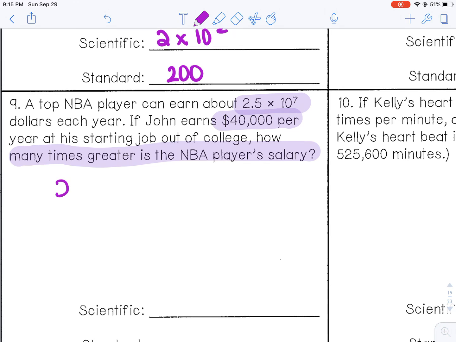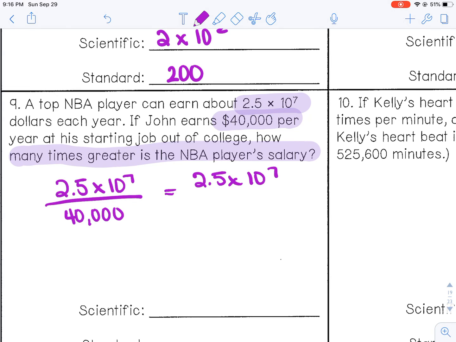We've got the NBA's salary, and we've got the college student salary. Let's go ahead and put John's salary in scientific notation. So I'm going to move that decimal 1, 2, 3, 4 to the right. Okay, and let's go from there.